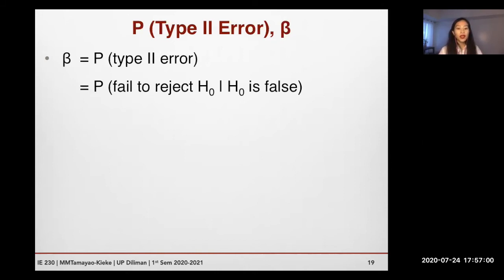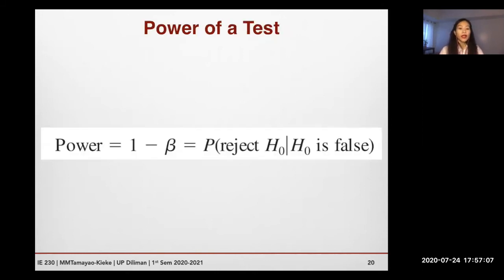And of course, we want this to be suitably small. Now, we have what we call the power of a test, and this is related to the beta value. This is just equal to 1 minus beta, and this is equal to the probability of rejecting H naught when H naught is actually false.